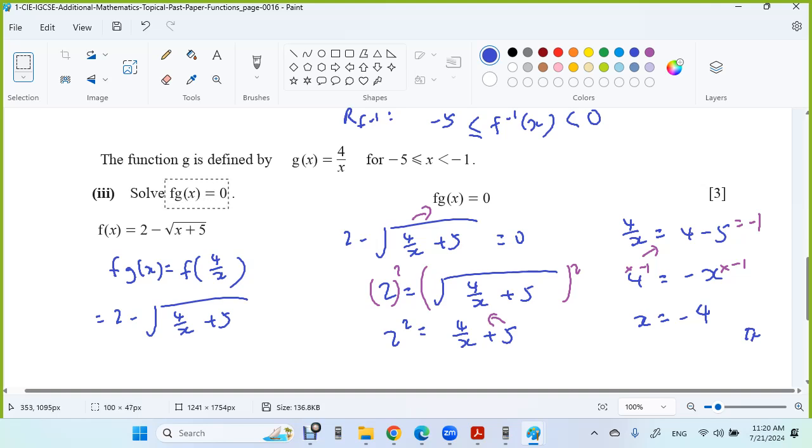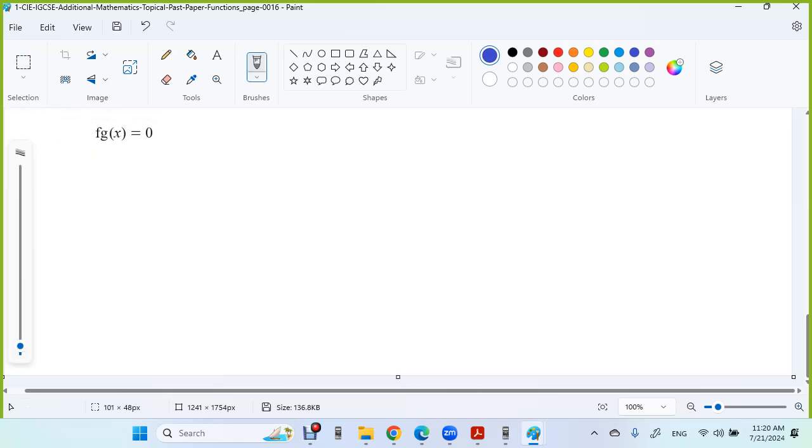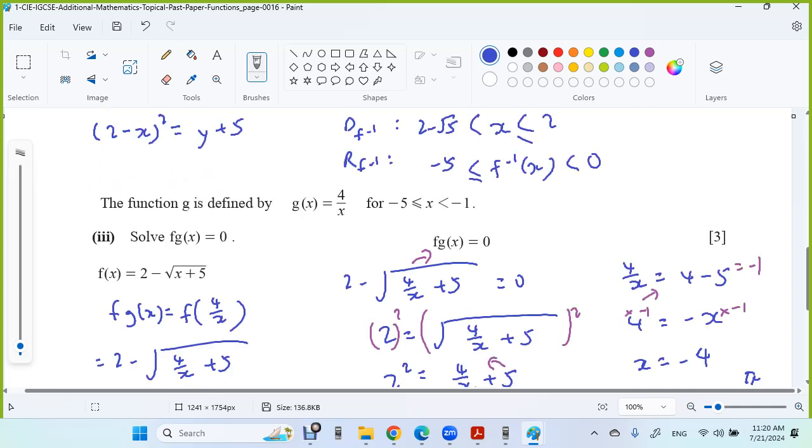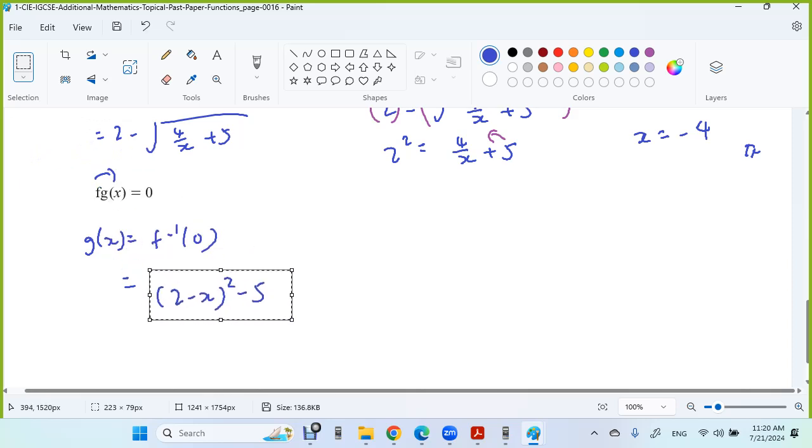So this one actually we can do using the other method. Since we already found the f inverse, we can move the f to the other side. So we have g(x) is the f inverse of 0. So f inverse is (2 minus x) squared minus 5.